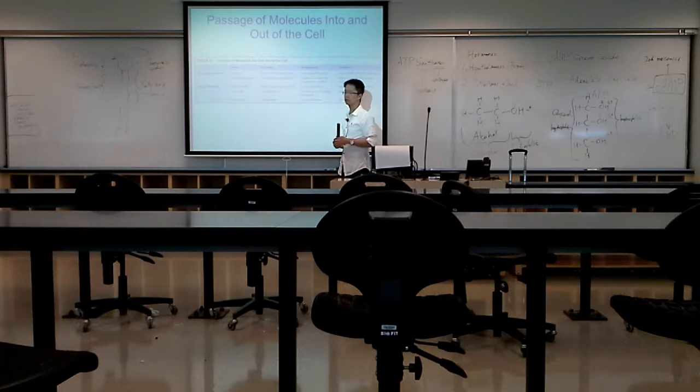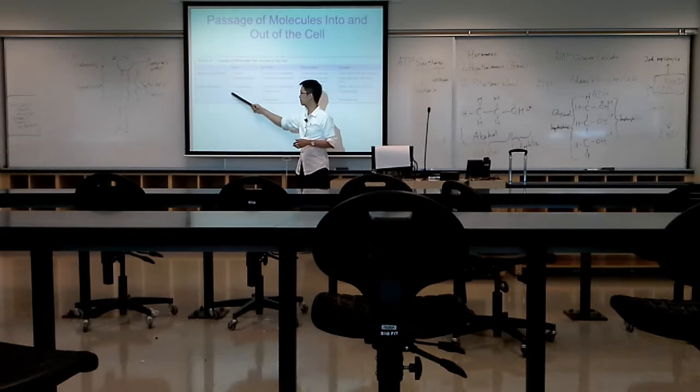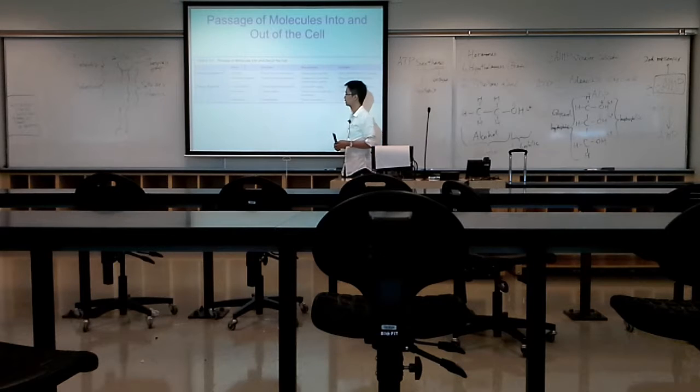Exocytosis, meaning that exo means outside, cyto means cell. The last sis is basically a process. That means it's the process that the cell pushes something outside. We call it exocytosis. So it is towards outside, from inside to go outside.